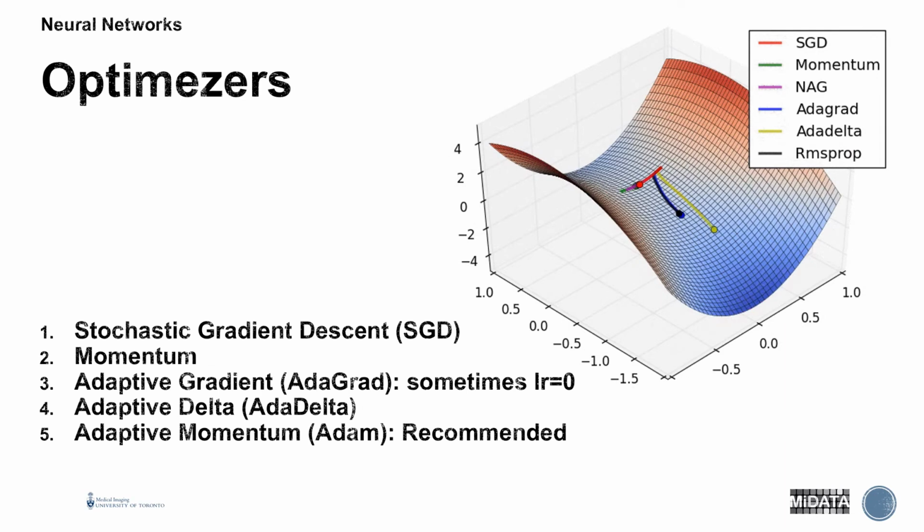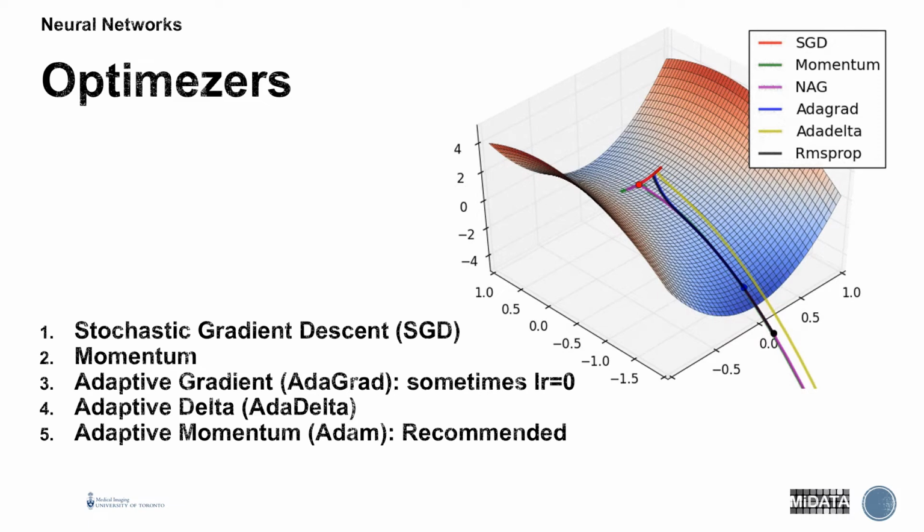Now, of course, it would be possible, but probably not advisable, to do all this yourself. So people have put together what's called optimizers that take into consideration your learning rate and your momentum in order to provide you with the best solution without falling into local minima.